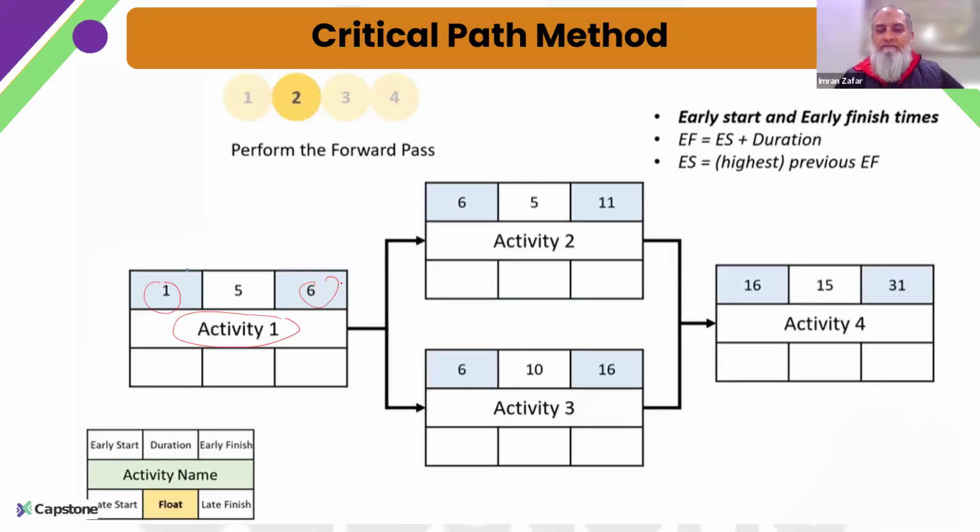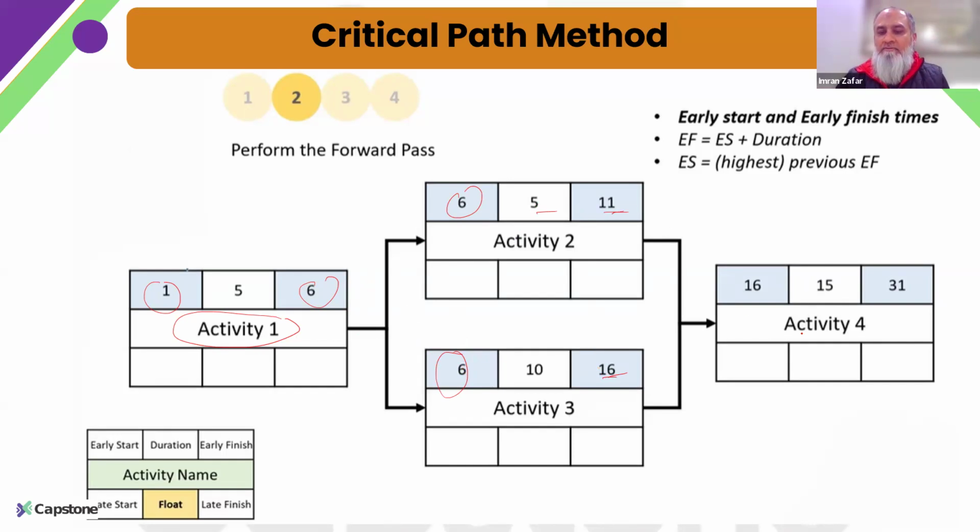And when it is finished, then activity 2 will start and activity 3 will start, because we are assuming that there is no lead or lag in between, a simple kind of network diagram. Adding the duration, we come to know that this activity will finish on day 11 and this will finish on day 16.